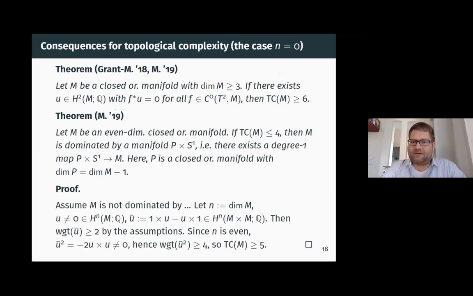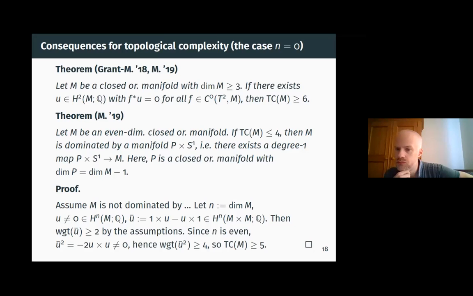I can say something about TCM less than or equal to 3. Not forgetting about this even dimensional assumption, if we just have a closed oriented manifold of dimension 3 or bigger, and TCM is lower than or equal to 3, then we must have that it's either dominated by such a manifold or it's a rational homology sphere. So one of the two always holds.